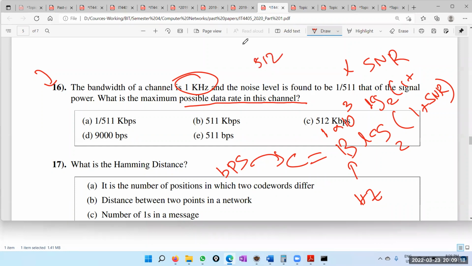[Sinhala explanation: the signal strength is greater than the noise; if noise is 1 out of 511, the signal is 512.] So therefore, indirectly they are saying that SNR is 512.